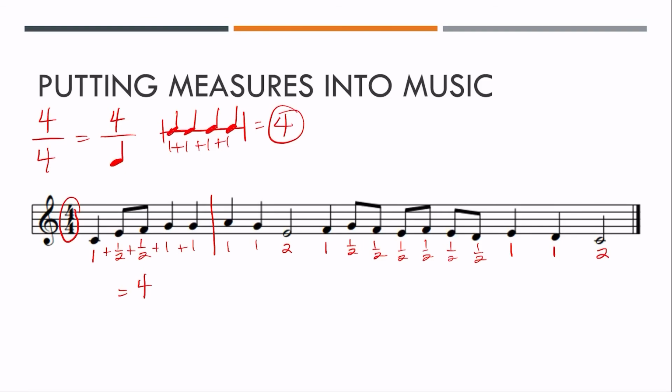Then we're going to move on to 1 plus 1 is 2, plus 2 is 4. Then 1 plus a half is 1.5, plus a half is 2, plus a half is 2.5, plus a half is 3, plus a half is 3.5, plus a half is 4. That one was really messy and really confusing.